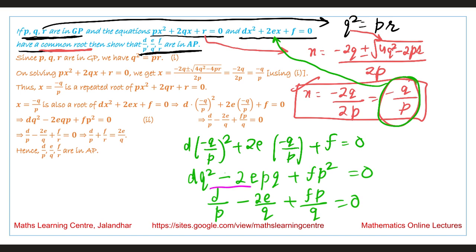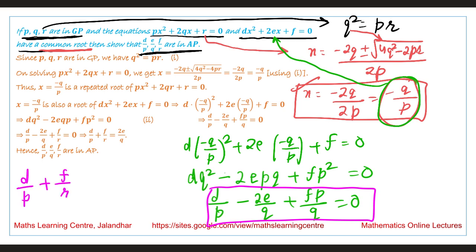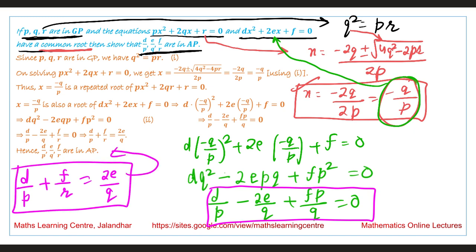Now by rearranging these terms, we can obtain that d by p plus f by r is equal to 2e by q. We are obtaining this result, and this result proves that d by p, e by q and f by r are in AP.